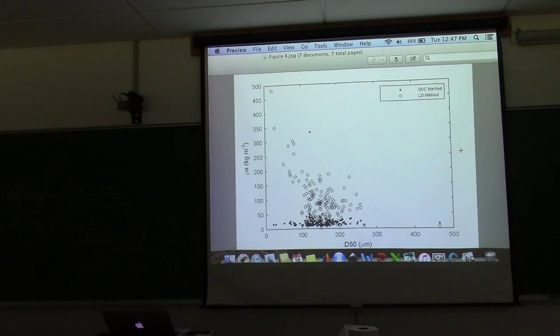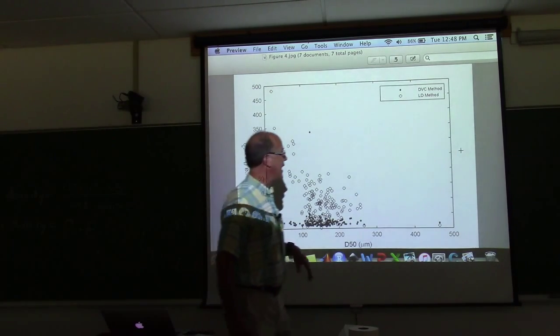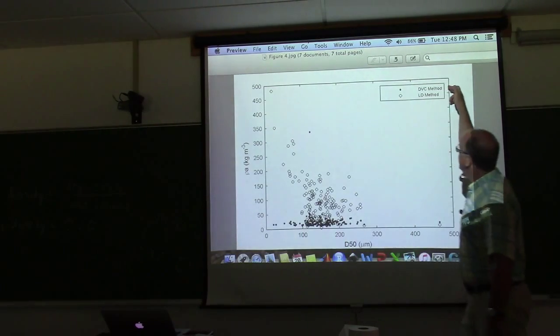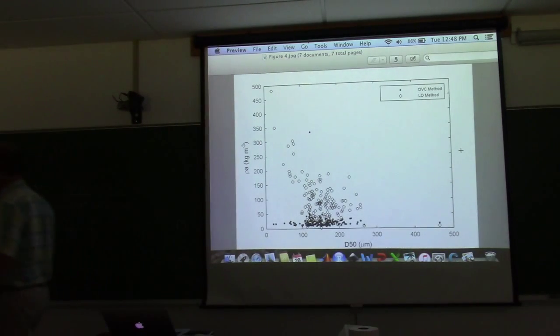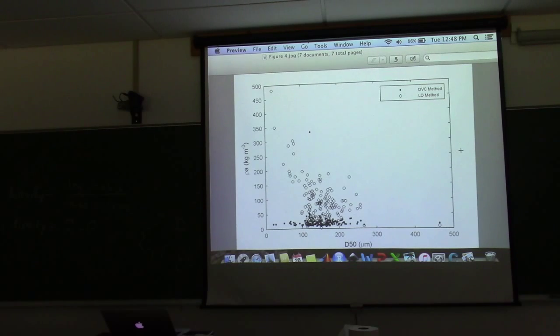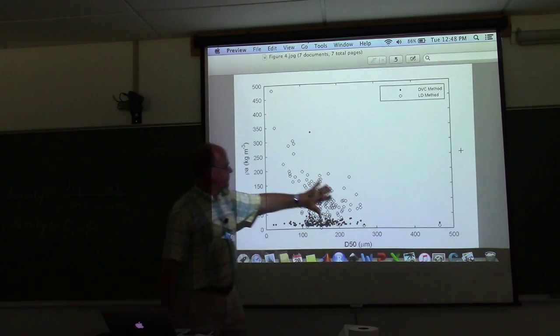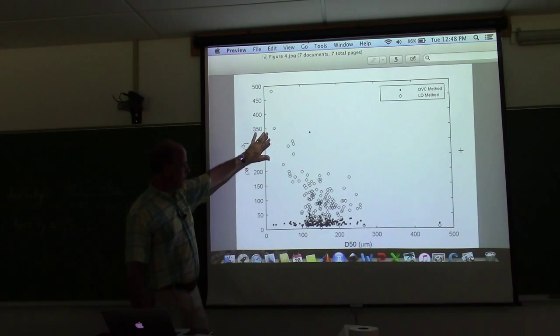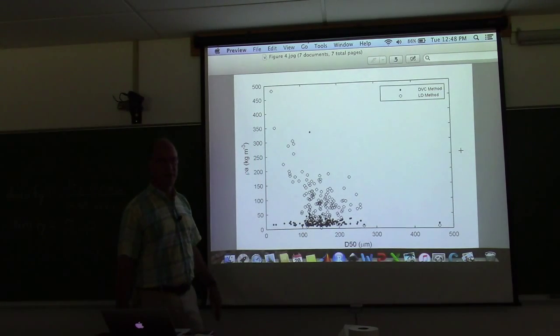Okay, so this is how we showed that the camera had a bias problem. Here's the DVC method. So what this is, we're using this equation to estimate what effective density is and then using this proportionality to convert it. And those are the dots along here. And then the circles are using the LD method, and this is for one data set. And these are plotted versus the median particle diameter.